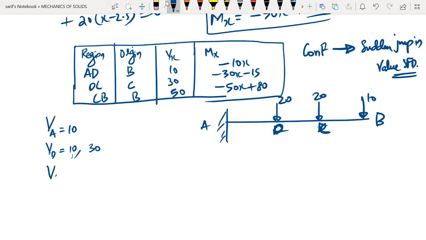Similarly, at the point C, from DC we have the expression as 30, and for the point C from CB we have the expression as 50, and finally for the point B the expression is 50. So this is the shear force diagram and all the values are positive. If we try to now plot this, there is a slight mistake.